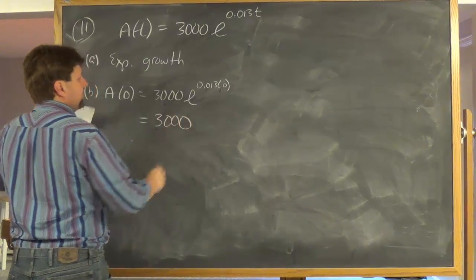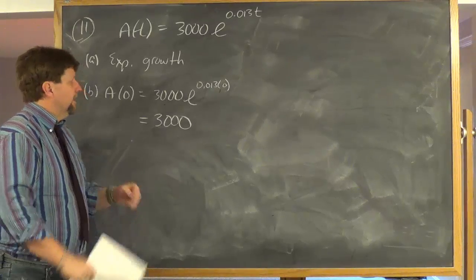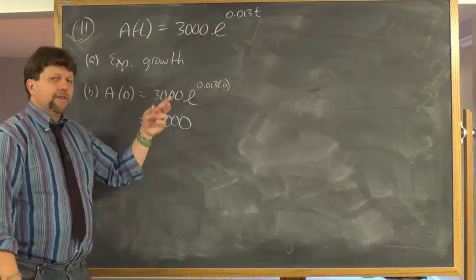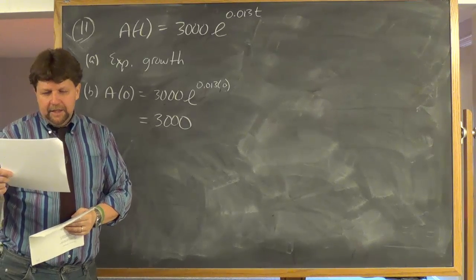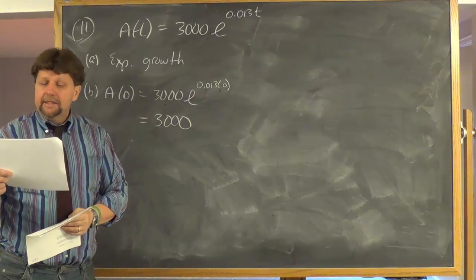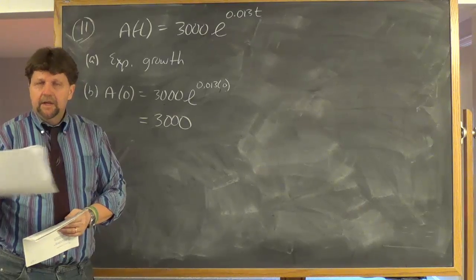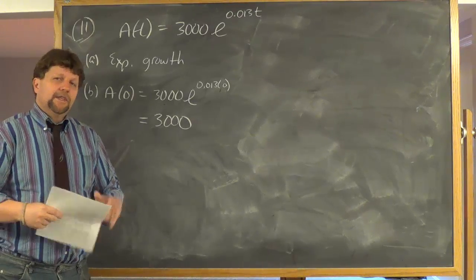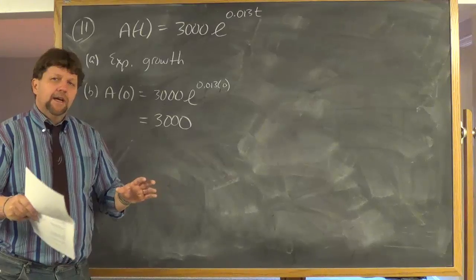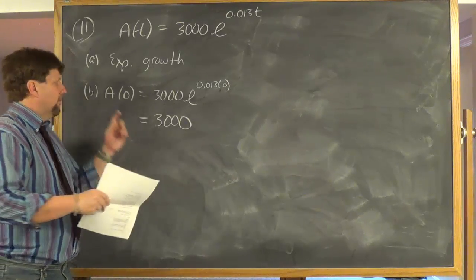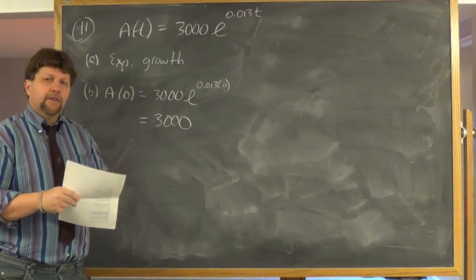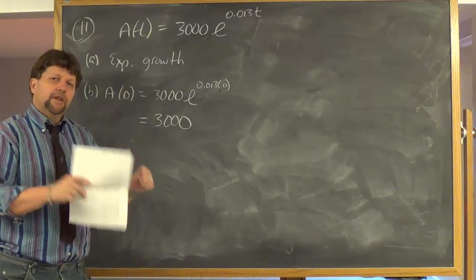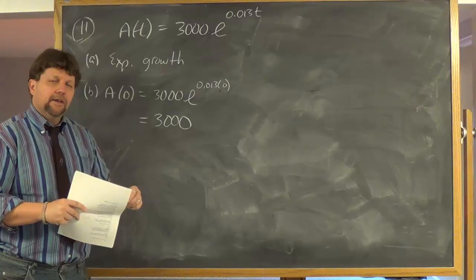Now think about this. That's not a surprise. When you put 0 in for t, and since in the problem we were told t represents the number of years, if t has a value of 0, we're talking about no time has elapsed. So putting 0 in for t should match up with how much money was initially deposited into the account.